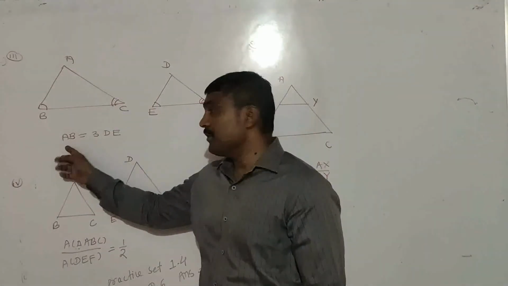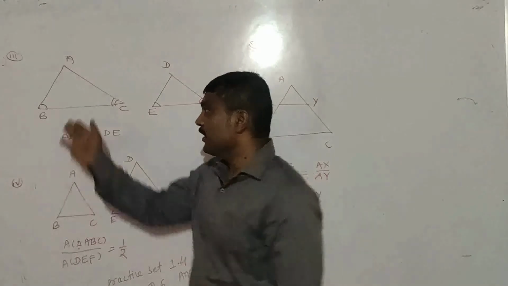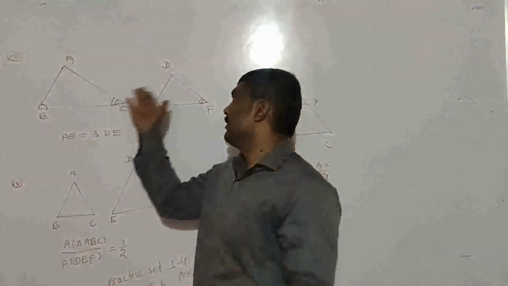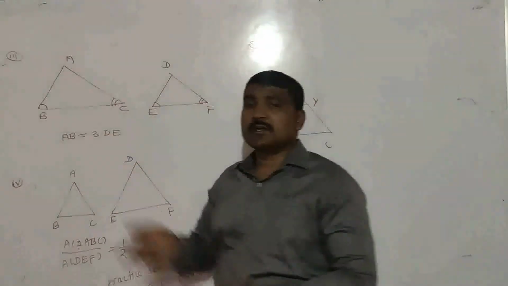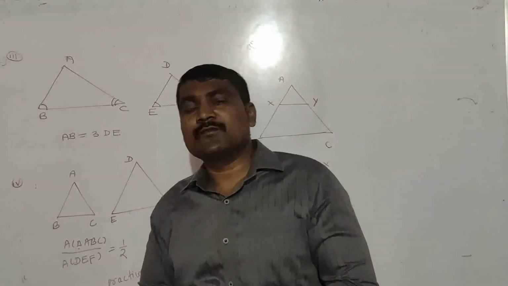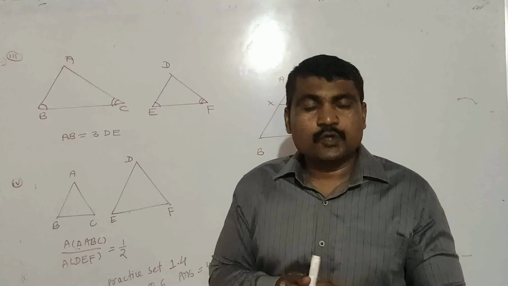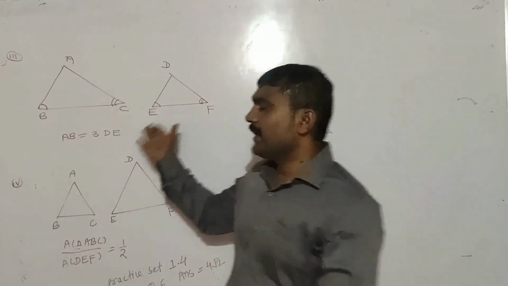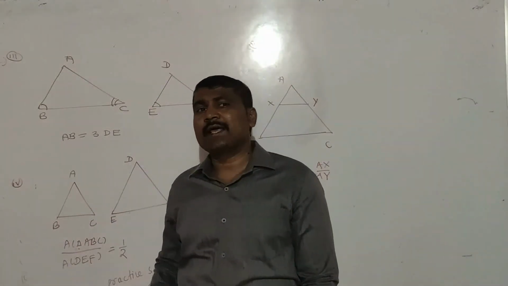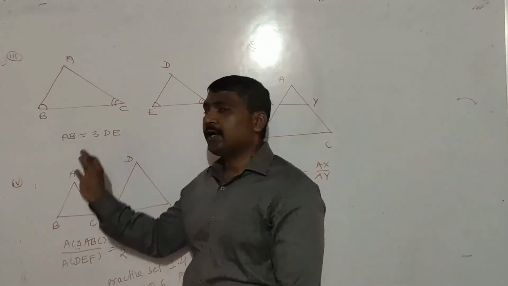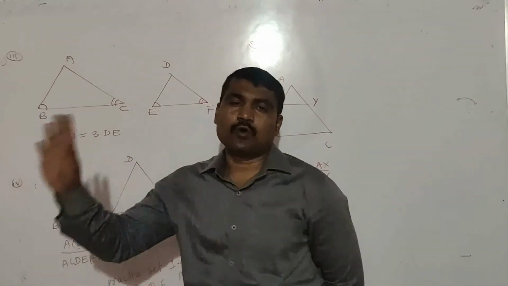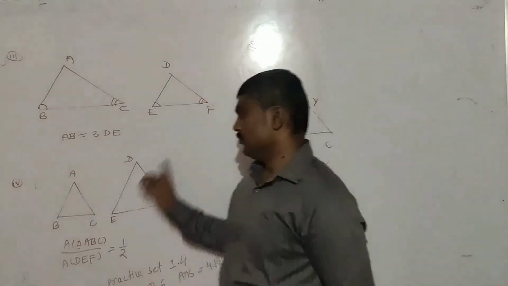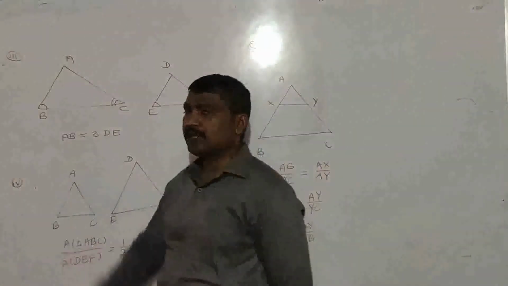So value of AB is 3 times DE, so obviously triangle ABC is bigger than that of the triangle DEF. So their congruency is not possible. So which is the correct option? By AA in case of similarity, two triangles are similar, so the correct option is given two triangles are similar but not congruent. Understood?